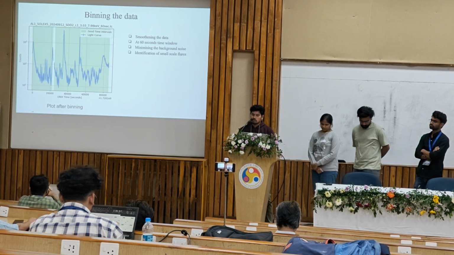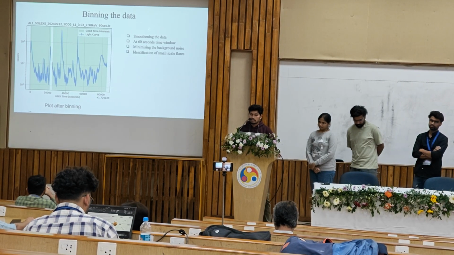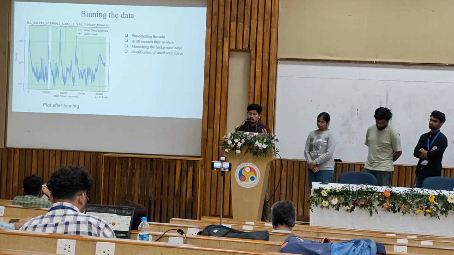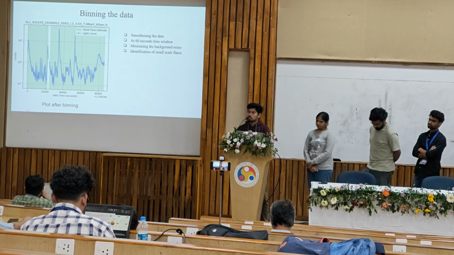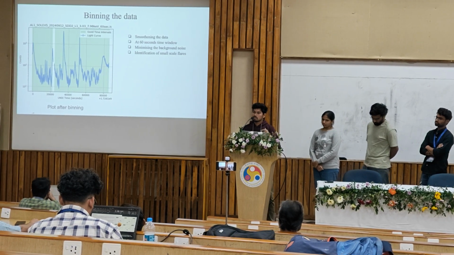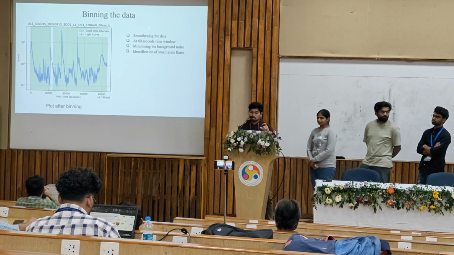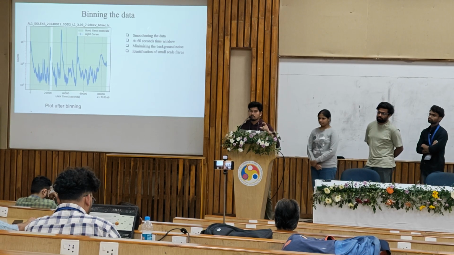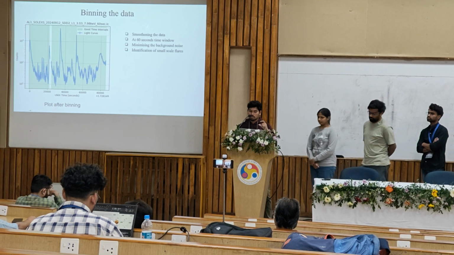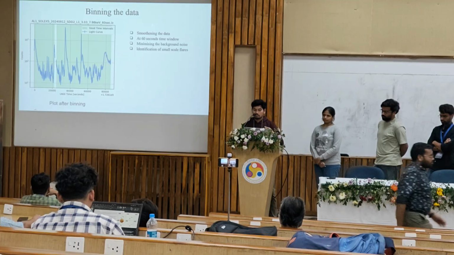To minimize that, we have smoothed the data by taking a moving window over 60 seconds and averaging those 60 data points, which minimizes the background noise. Here you can clearly see that the main flare signatures are enhanced, the background noise is reduced, and we can observe the small class flares also.